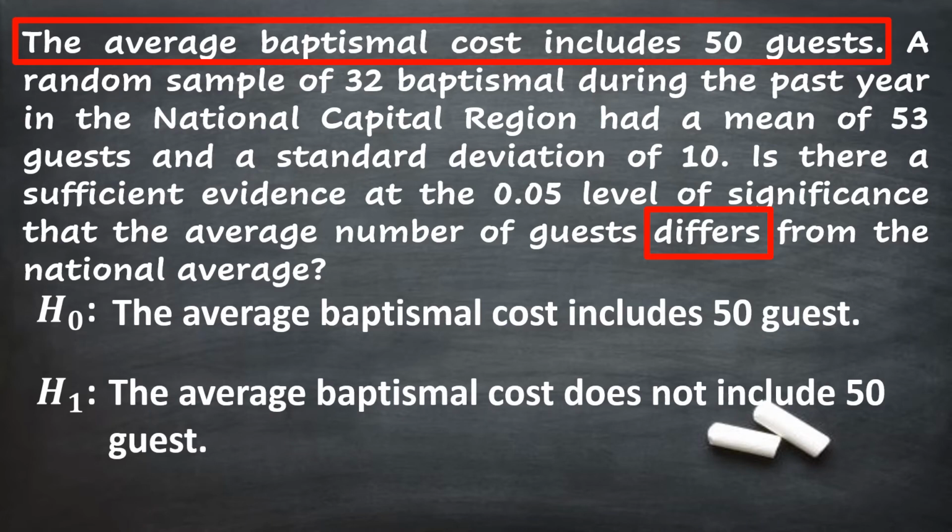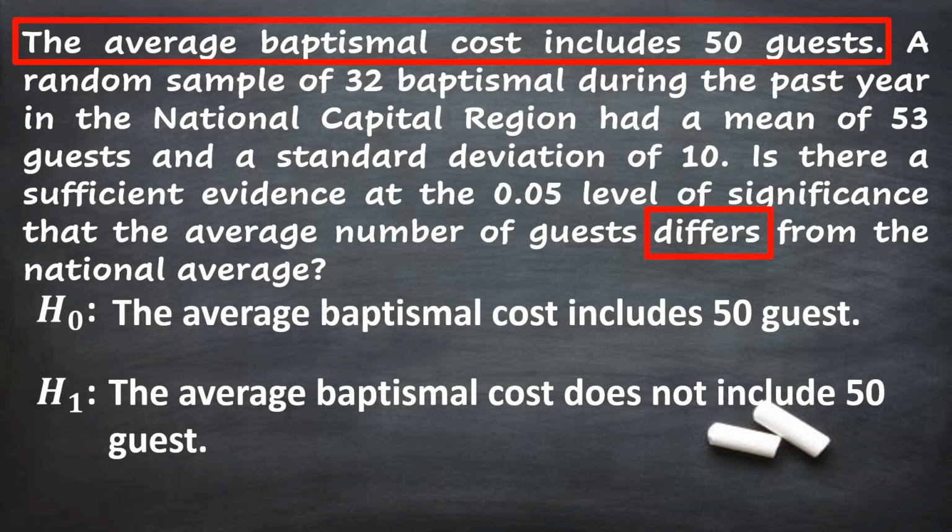Now, ma'am, why did you not say that it is greater than or less than 50 guests? Because in the given word problem, it does not state if it is greater than 50 or less than 50. It just stated that it differs from the 50 guests. If we use the term differs in the sentence "the average baptismal cost differs include 50 guests," it doesn't fit.